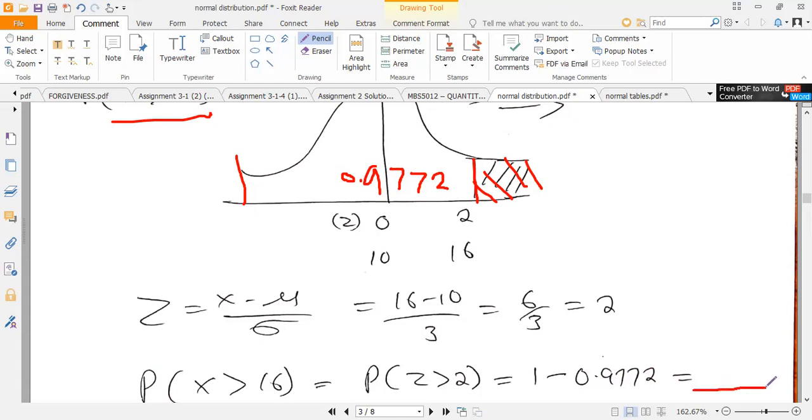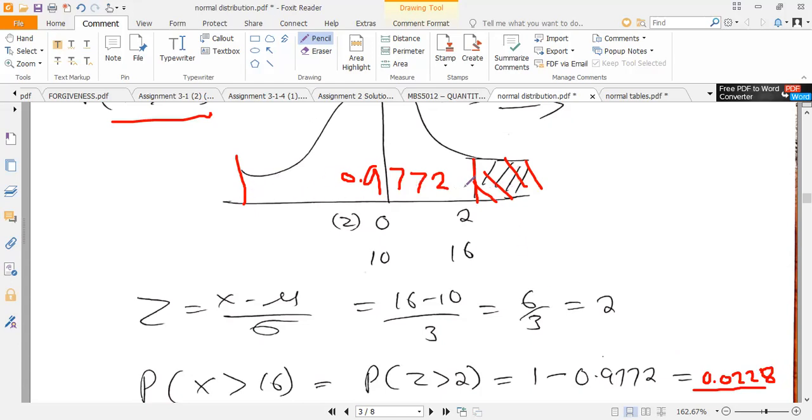What are you getting? 0.0228. Good. So that's this shaded region here.